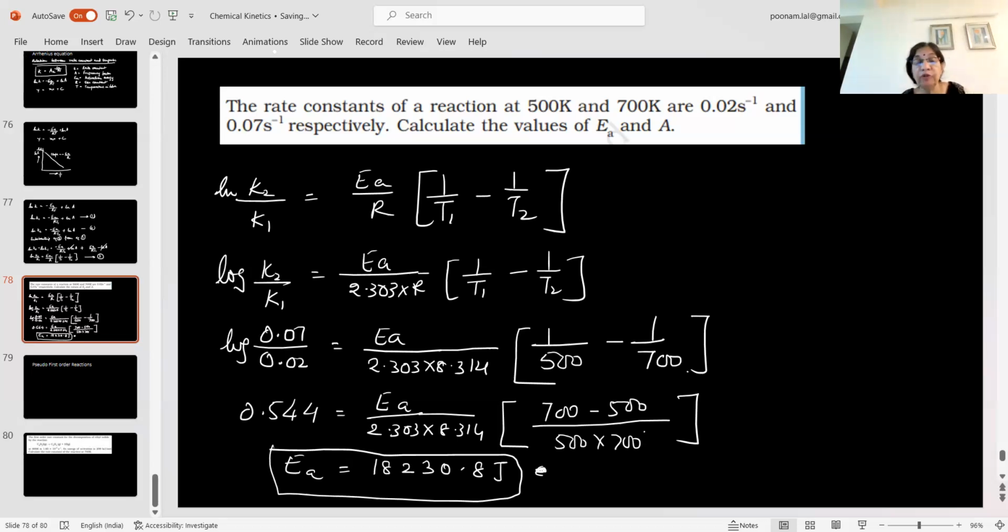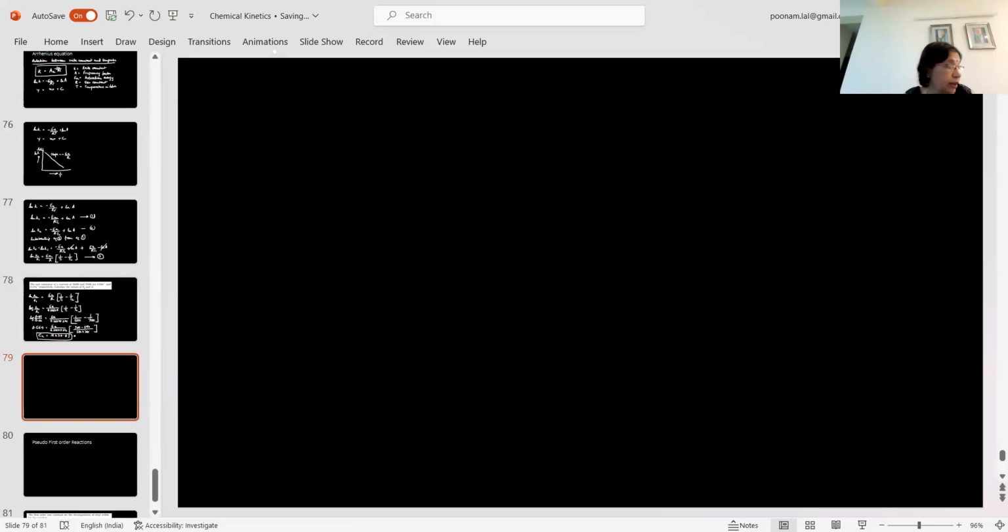So if I have to find the value of A, how will I find? K is equal to A E raised to minus EA by RT. So one way of doing it is I can convert it into log and do it.